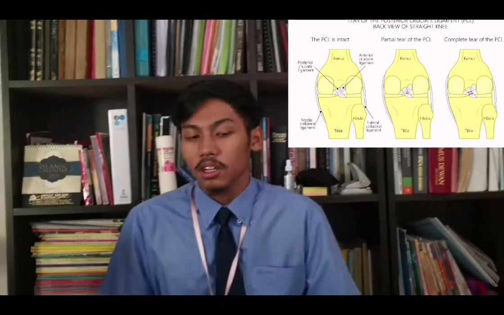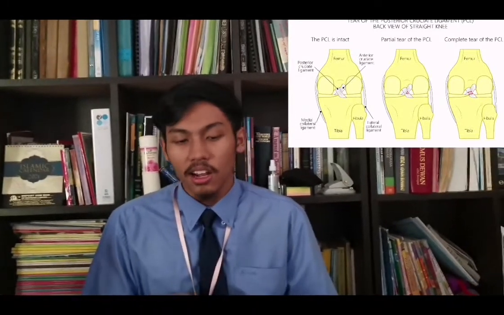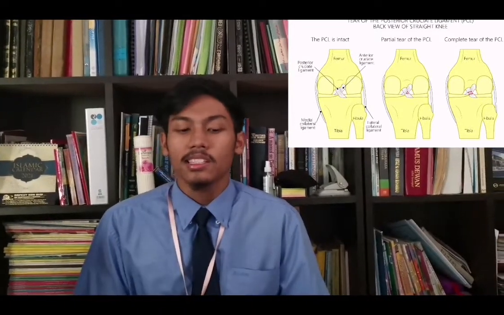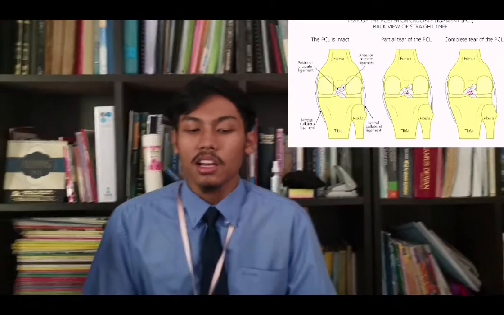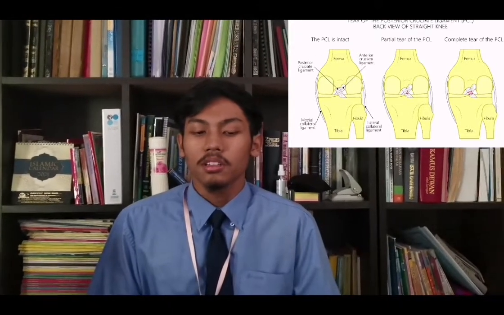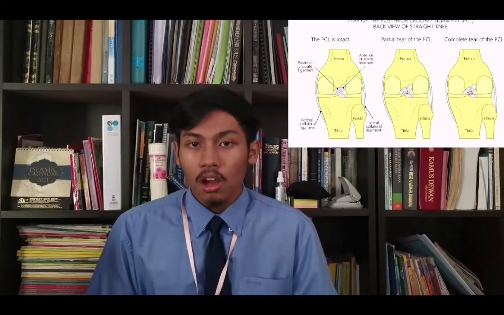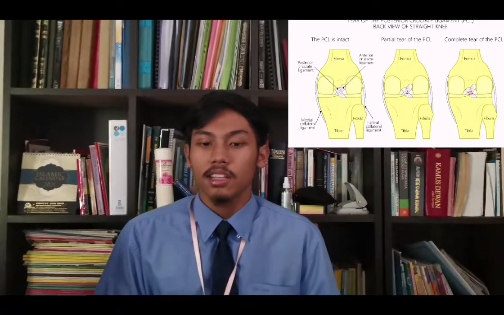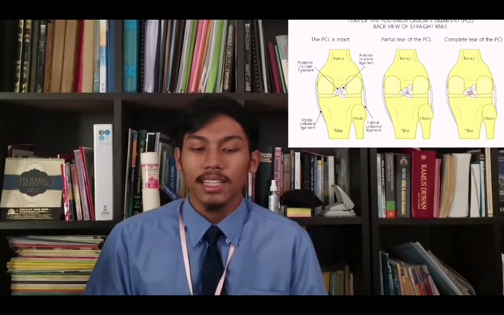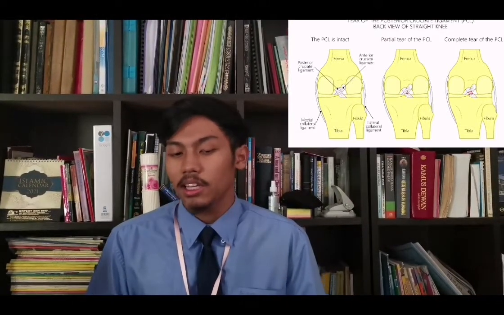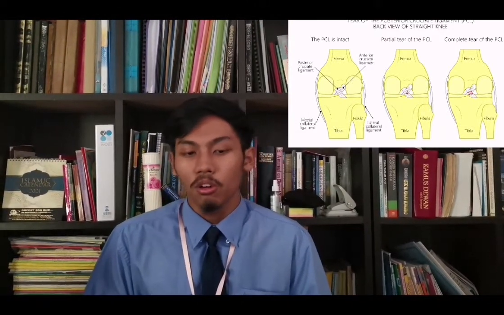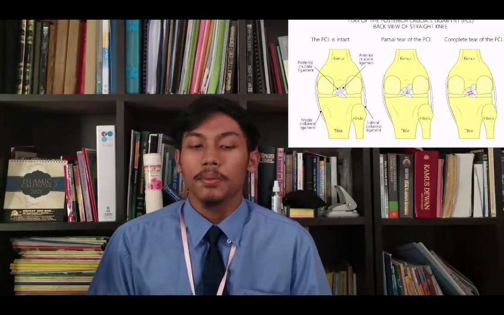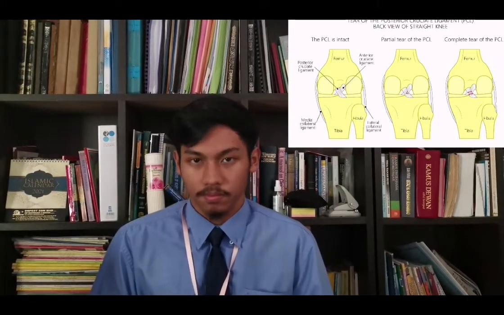Grade 2 ACL injuries are rare and describe an ACL that is stretched and partially torn. For the last grade, grade 3, ACL tears happen when the ACL is torn completely in half and is no longer providing any stability to the knee joint.